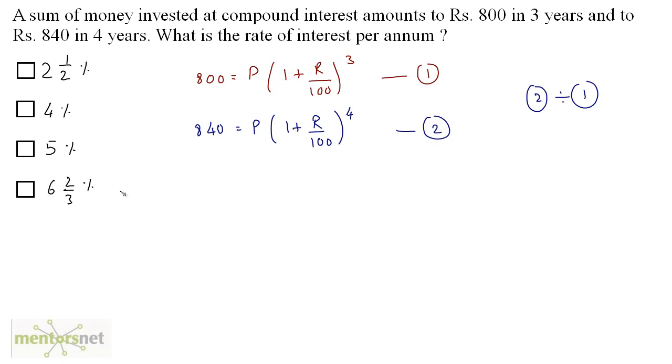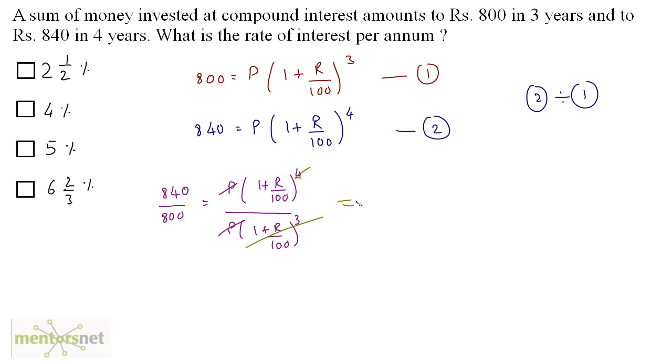On the left hand side we have 840 upon 800 equals P into 1 plus R upon 100 raised to 4 divided by P into 1 plus R upon 100 raised to 3. So this P and this P get cancelled out. This 1 plus R upon 100 raised to 3 cancels out 1 plus R upon 100 raised to 3 in this term. So what remains is only 1 plus R upon 100 raised to 1.